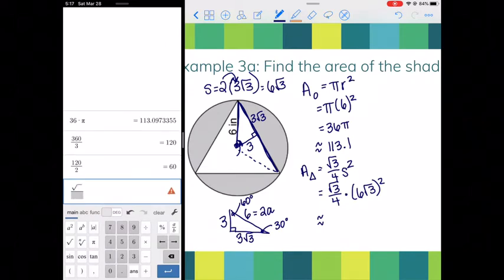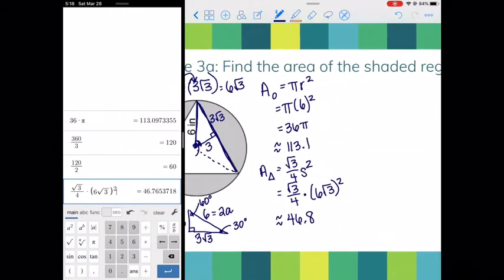So square root of 3 over 4 times, and I'm going to put this one in parentheses so that the whole thing gets squared, 6 root 3 squared. So whenever I multiply that together, I get the area of that triangle, which is going to be 46.8 if I round to the nearest tenth.